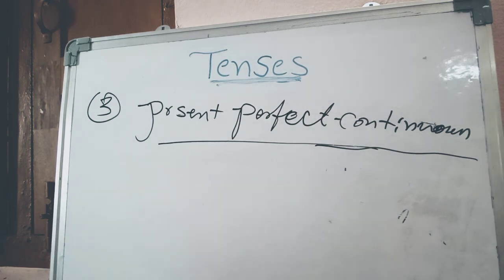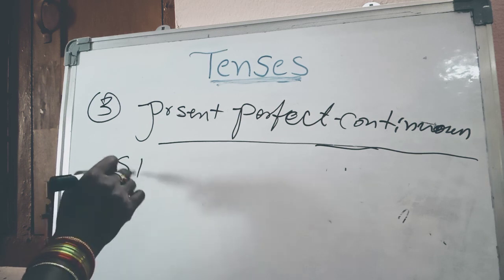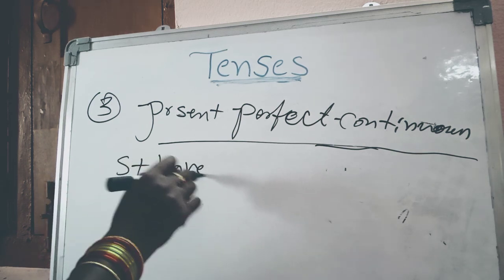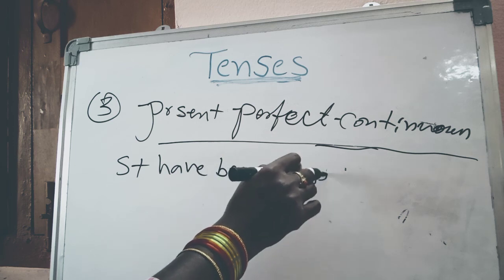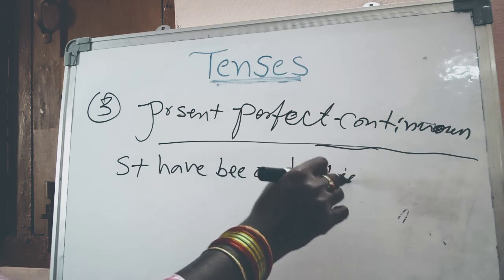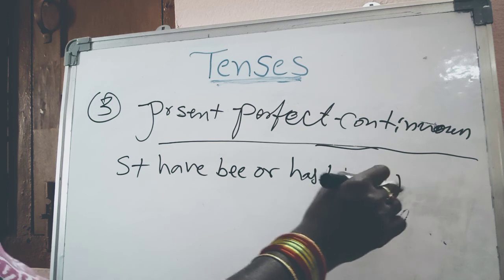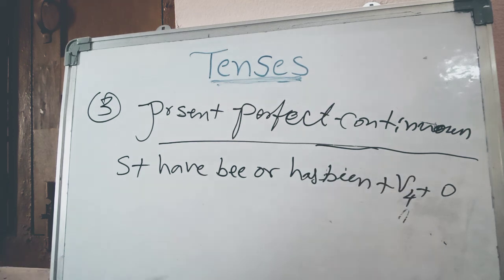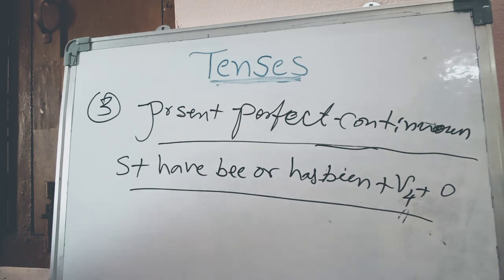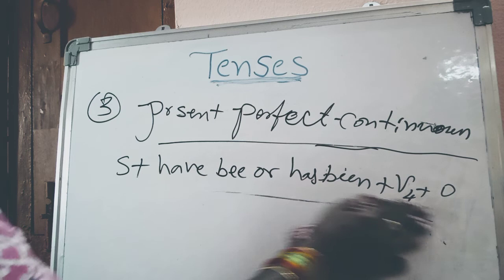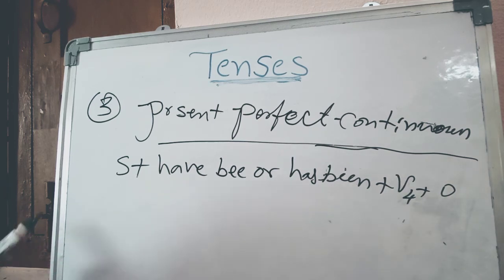Subject plus have been or has been plus V4 plus object. This is the structure of present perfect continuous. Let's see examples of sentences.